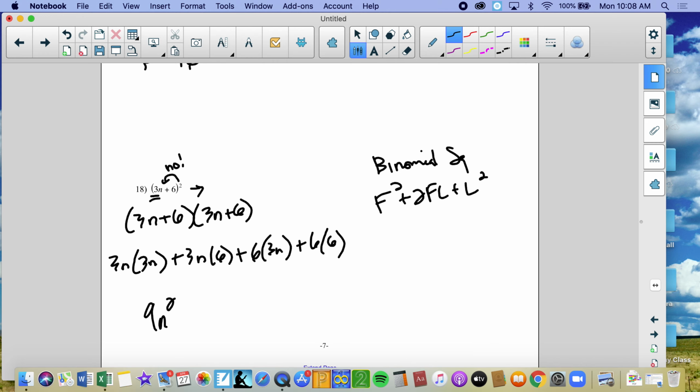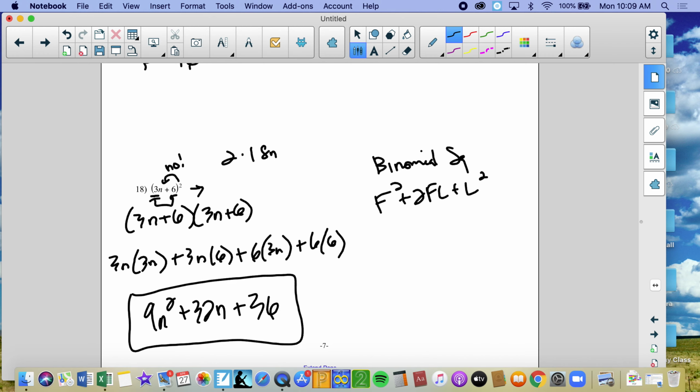We're going to do first times last. 3n times 6 is 18n, and multiply it by 2, which gives me 36n. And then we square the last, which is 36. That's the easiest way to do it, well, easiest if you're familiar with it. Otherwise, you could just continue with the foiling technique. This is first, outer, inner, last. That would give you the same value. If you're looking to get into honors geometry, you should be knowing those shortcuts.